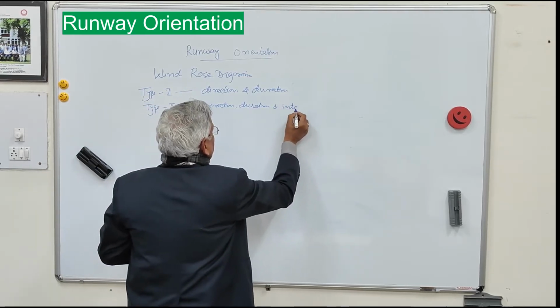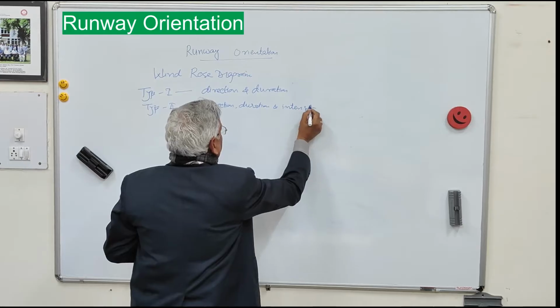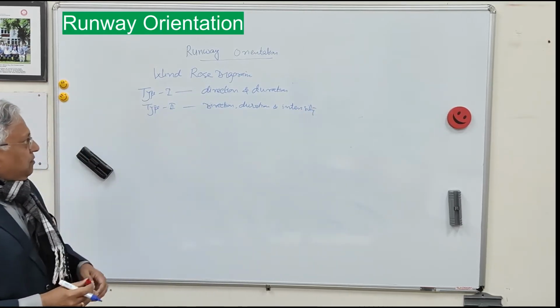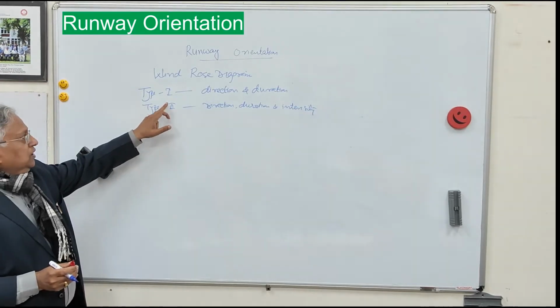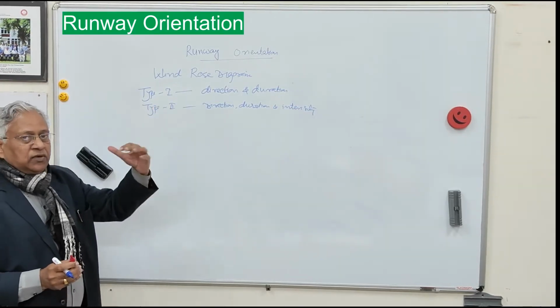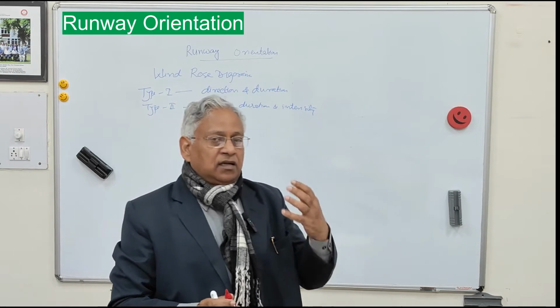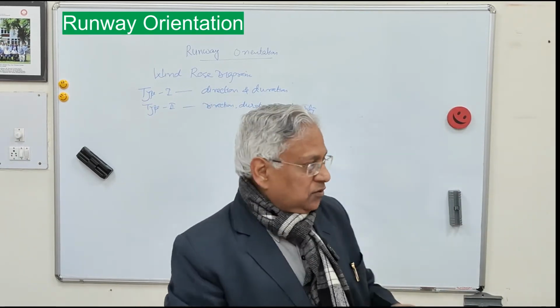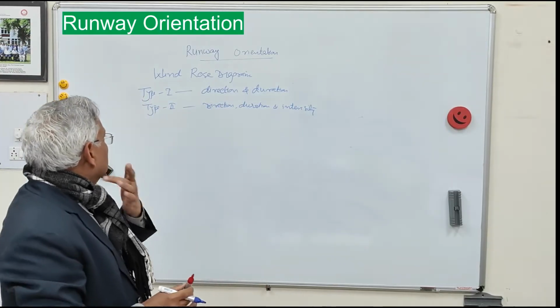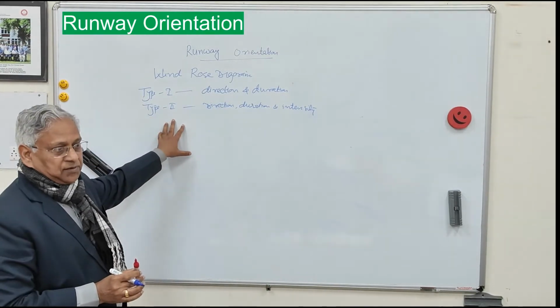But even for type 2, you need to draw type 1 just to get the idea of probable runway orientation. Now let me just explain these two with the help of one example.